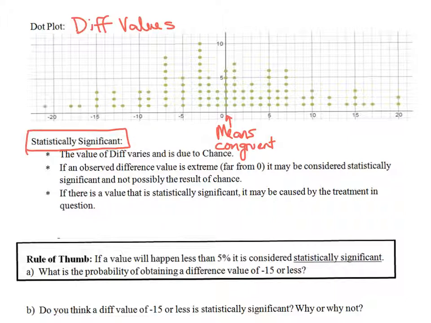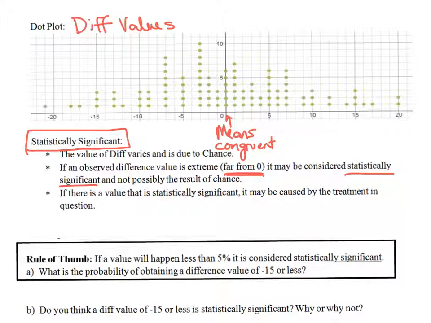So this brings us to our definition of statistically significant. We know that our diff values vary. The diff values vary and are normally due to chance. If an observed difference value is extreme, if it's far away from 0, then that's going to be considered statistically significant and not possibly the result of chance.